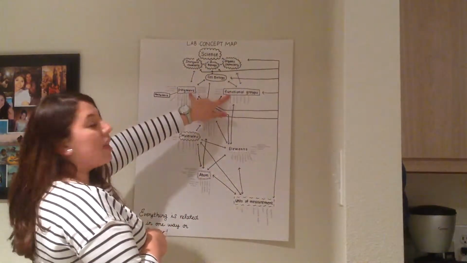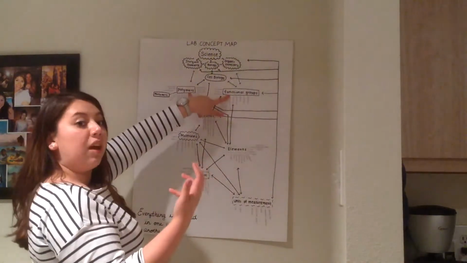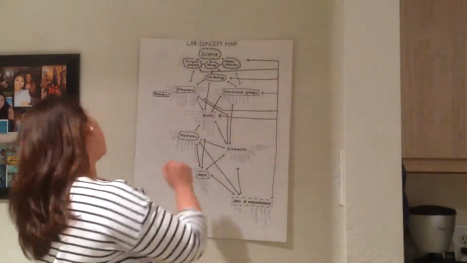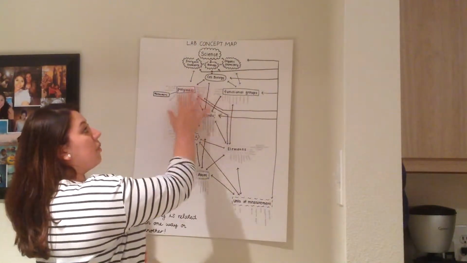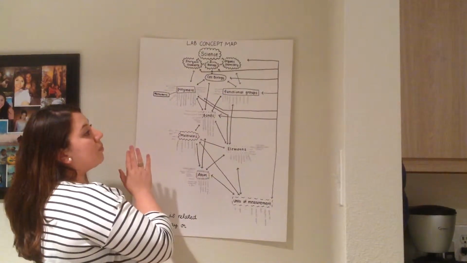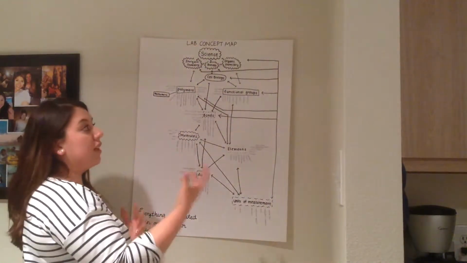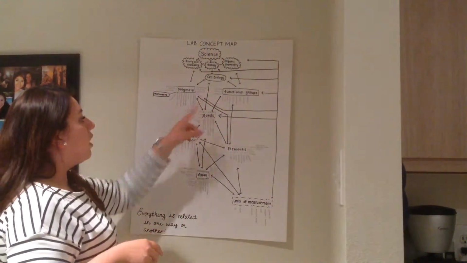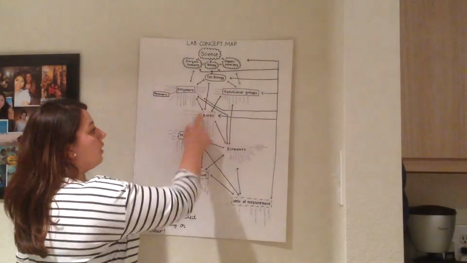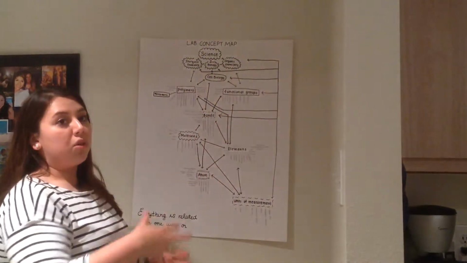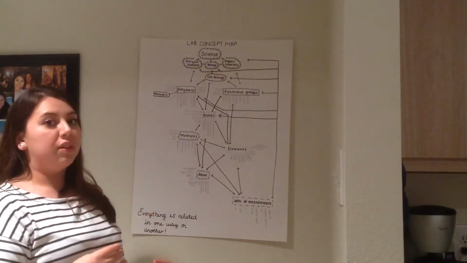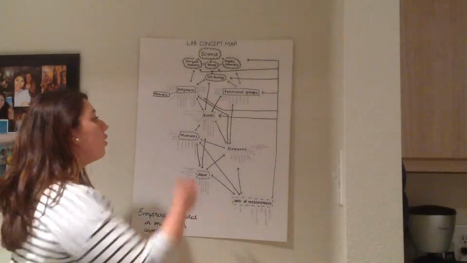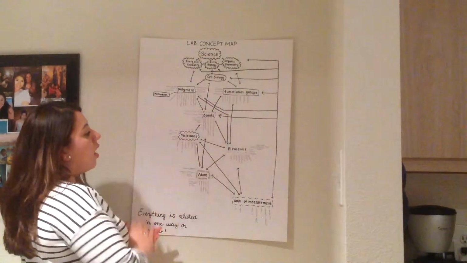These two I put together, not necessarily because they're the same size, because polymers are much larger than functional groups, but I wanted to put them in the same shape because they're specific types of bonds. So these are all bonds, and so are these. And bonds I put differently because the terms under bonds are not specific bonds, but more or less a description or a type of bond. So I wanted to put it under.